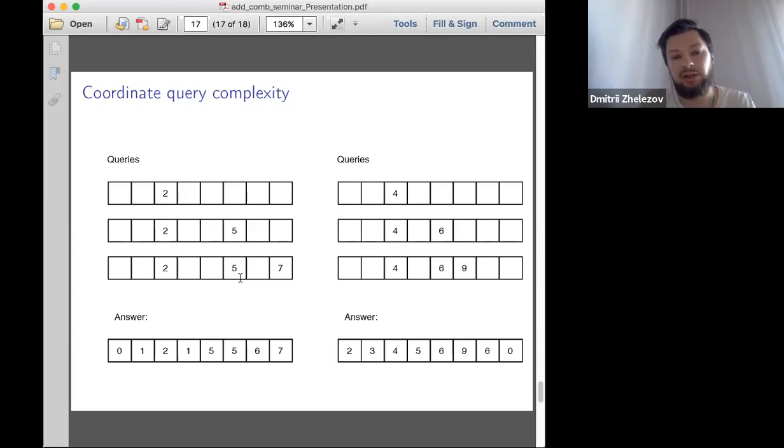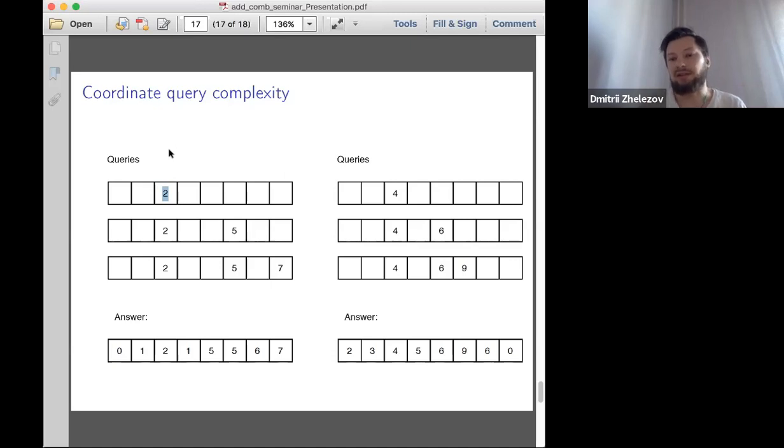And you're allowed to ask an oracle a query pointing out at some coordinate and asking what is the coordinate value. So once again, the setup is as follows. You know that there is some set, and the oracle takes some element in secret, and your goal is to find out what is this element.